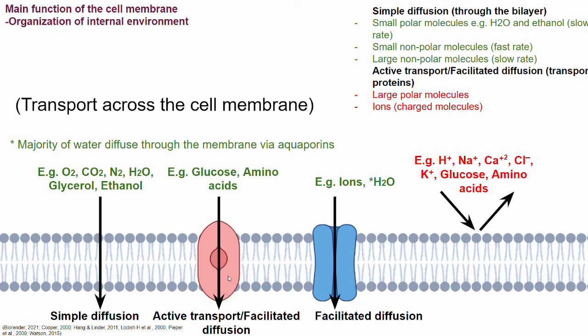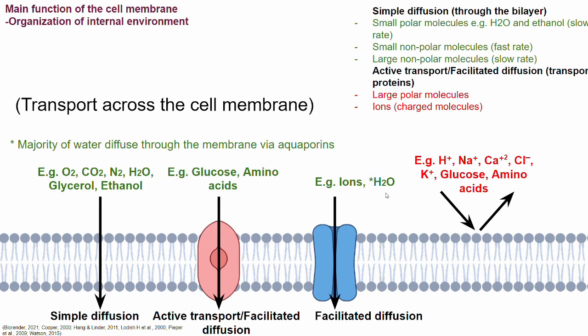In the case of ions and the majority of water, they go inside or outside the cell through facilitated diffusion, so they don't need energy, but they need a channel protein. They go through these channel proteins.